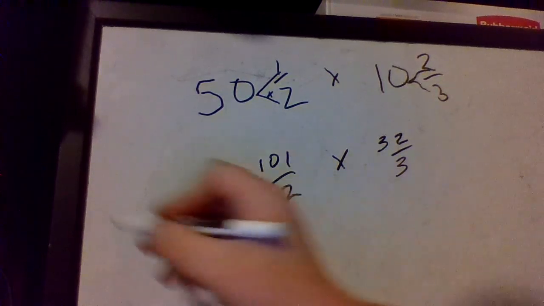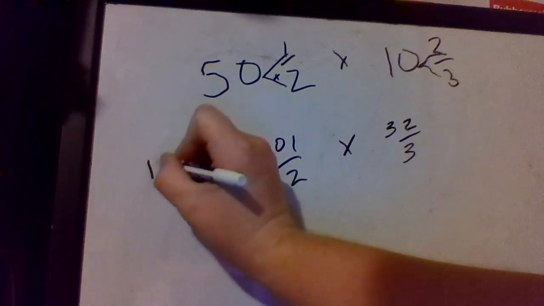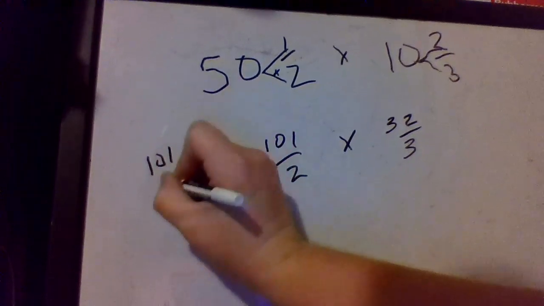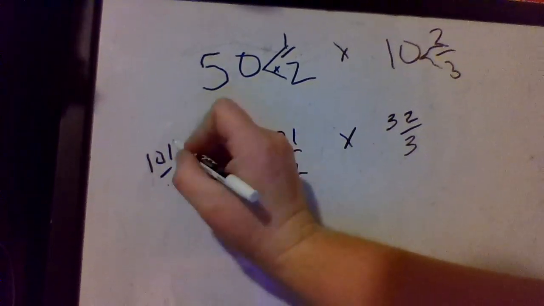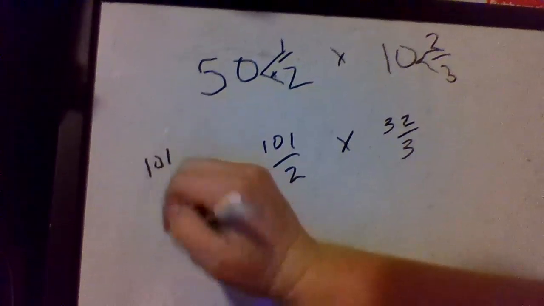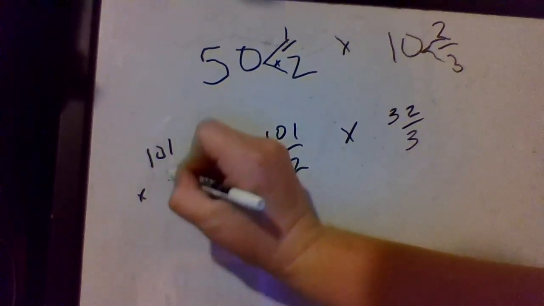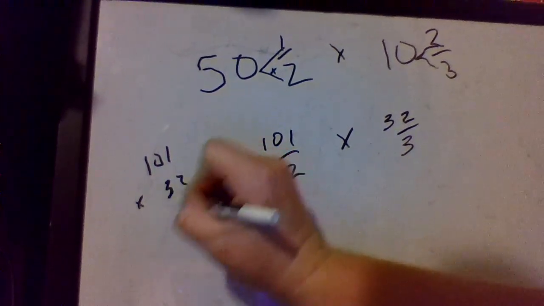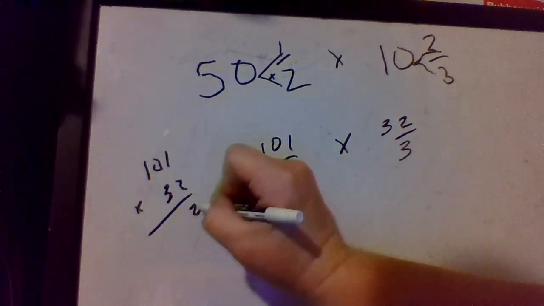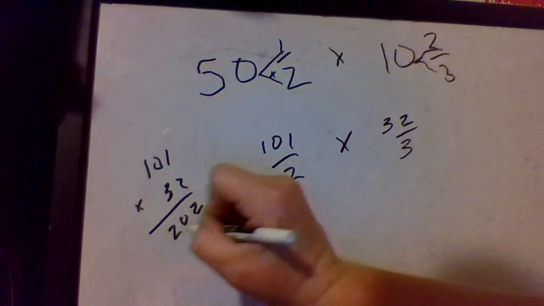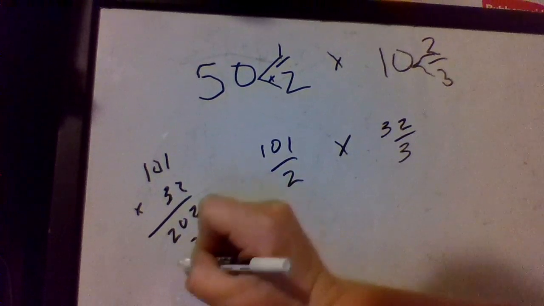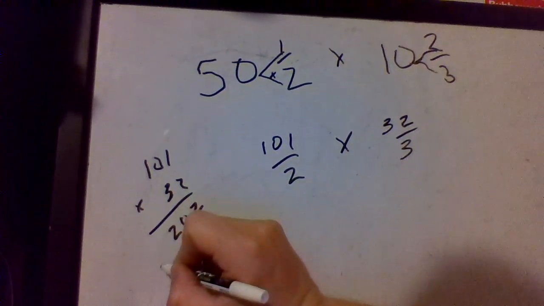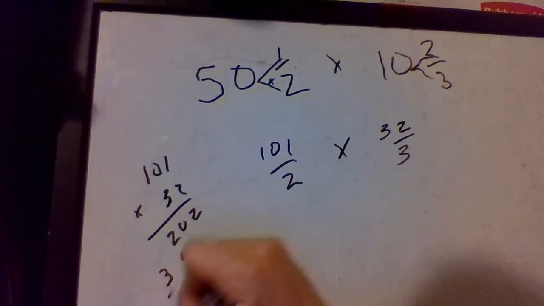So, as you can see, we're going to have to do a little side work here. 101 times 32. 202. 303.